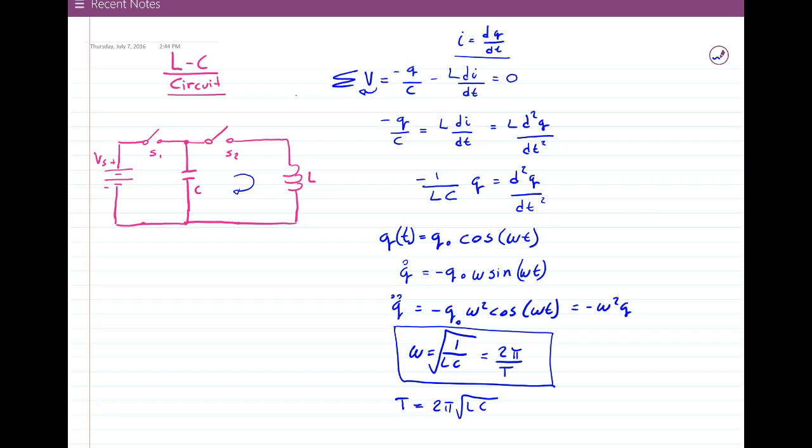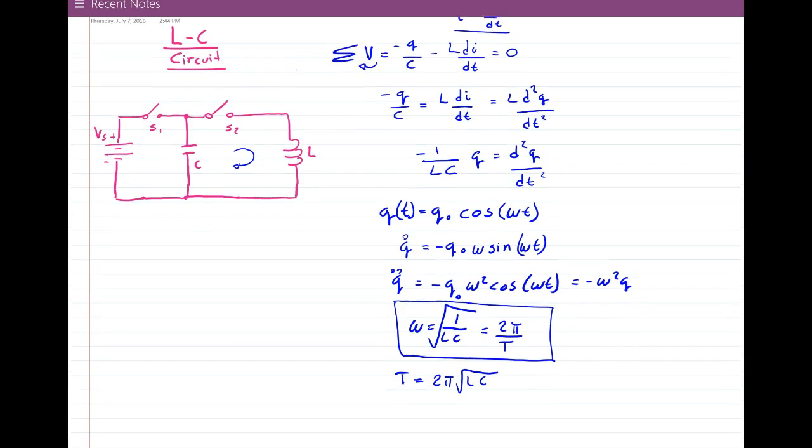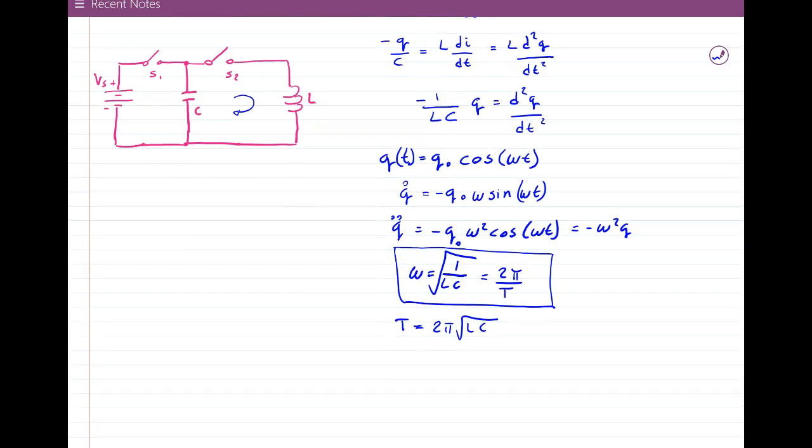Okay, so the current through the circuit, I, is equal to negative Q0 times omega, and omega is 1 over the square root of LC, times the sine of t over the square root of LC. That makes sense? That's the current in the circuit.